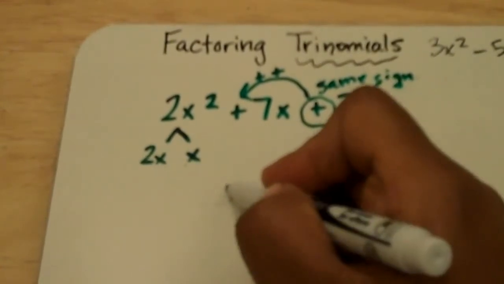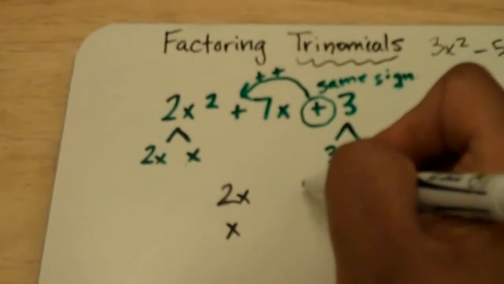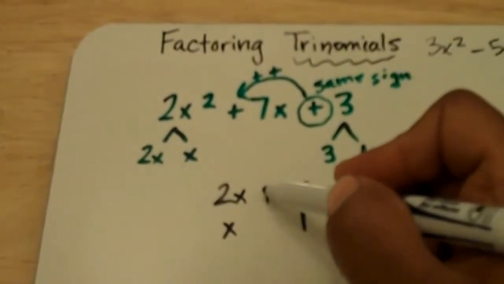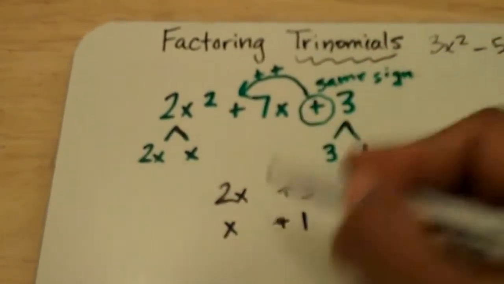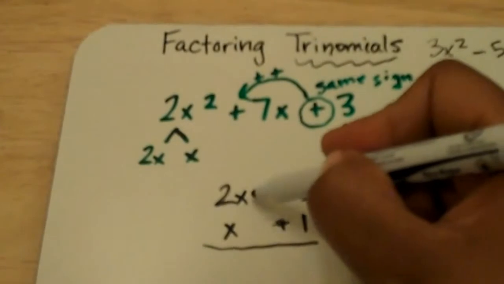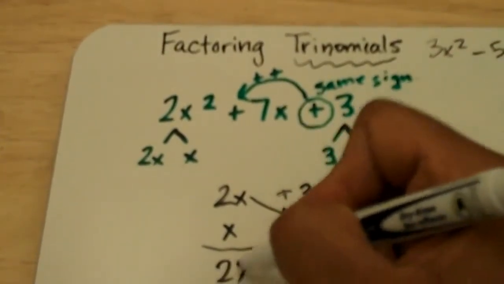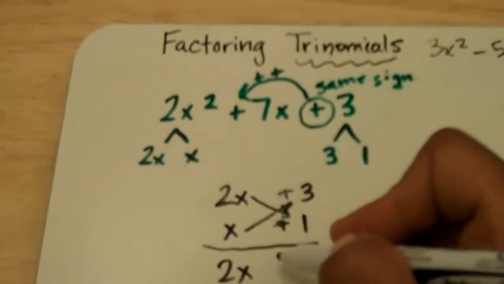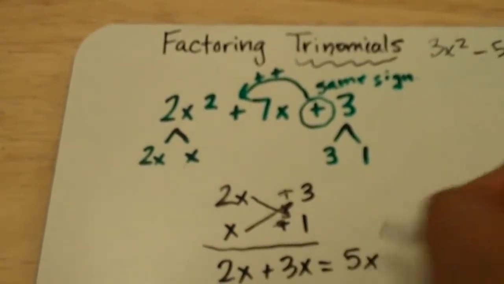So we have 2x and x, and we have 3 and 1. Both of the signs are going to be positive. So here we would do 2x times 1 gives you 2x, and x times 3 gives you 3x. This is equal to 5x.